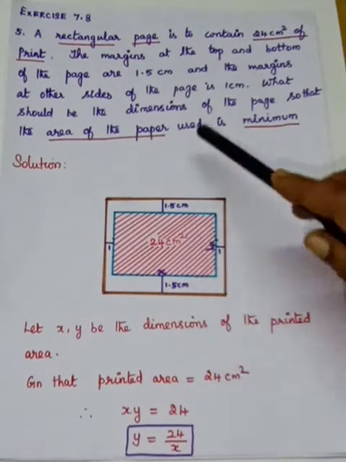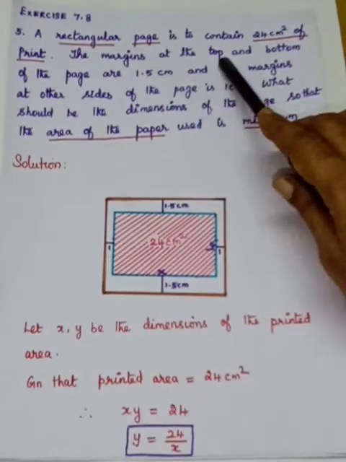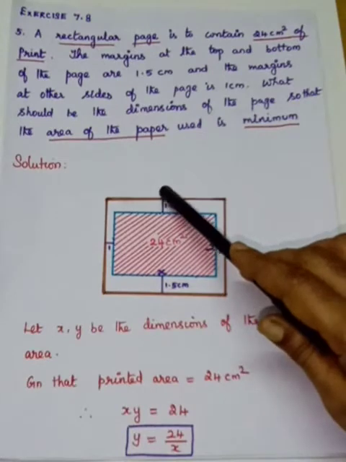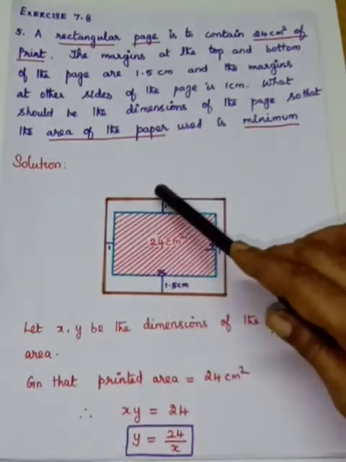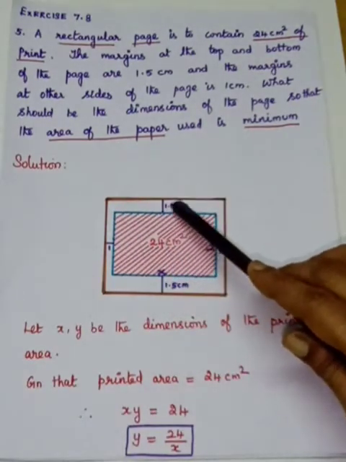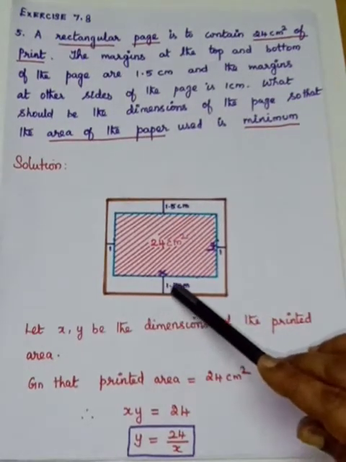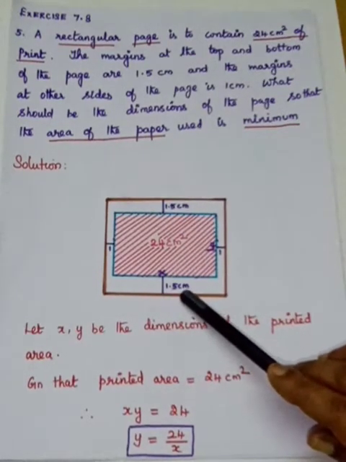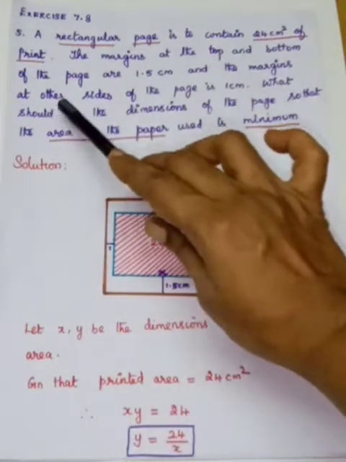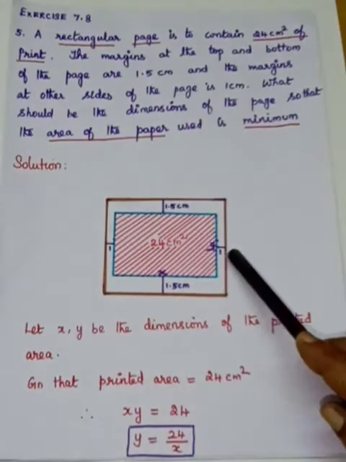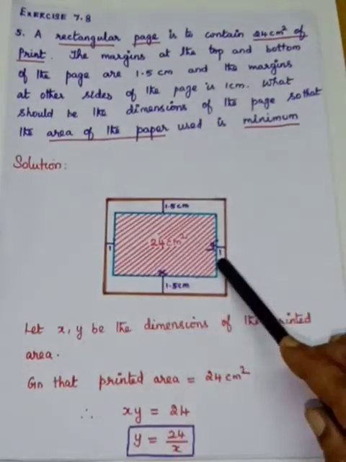You see that here the margins at the top and bottom of the page are 1.5 centimeters. On this page, the top margin is 1.5 centimeters, and from the bottom the margin is also 1.5 centimeters. The margins at the other sides of the page are 1 centimeter. So on these two sides the margin is 1 centimeter.